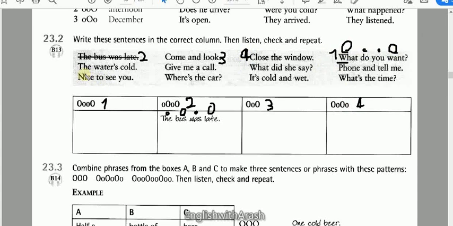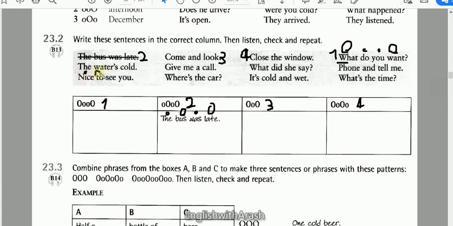The water is cold. Do you want to listen again? We usually don't stress "the", unless there's a special meaning, like "close that window", exactly that window, which is not common.